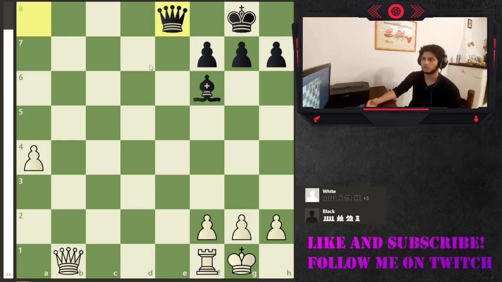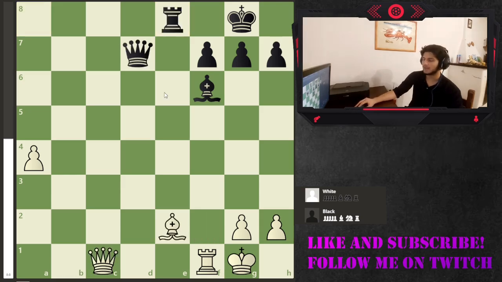Now, you need to be careful in skewers, because more often than not, there is a way in which the pinned piece can actually move with tempo, and then the opponent will just move the target piece, and you will not win any material. Let's say, for example, in this position, we play the same move as before. We play the move bishop to b5, attacking the queen and skewering the rook.